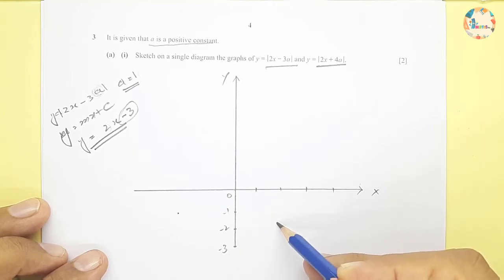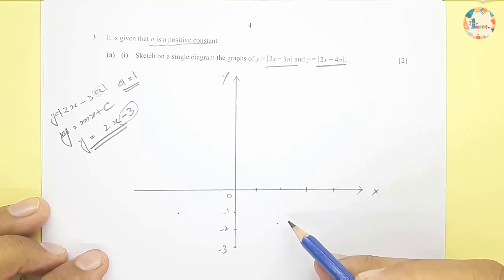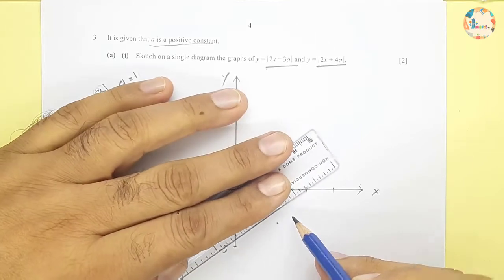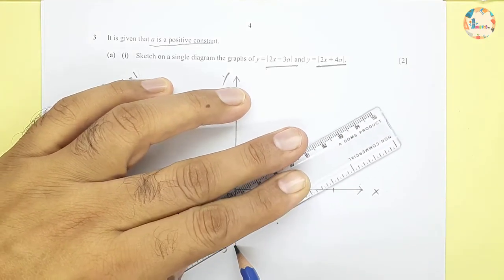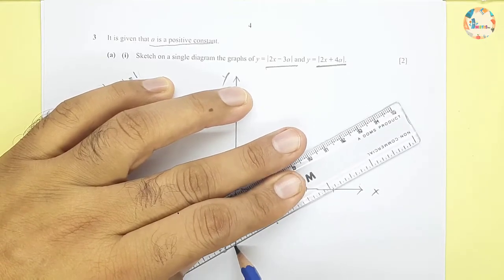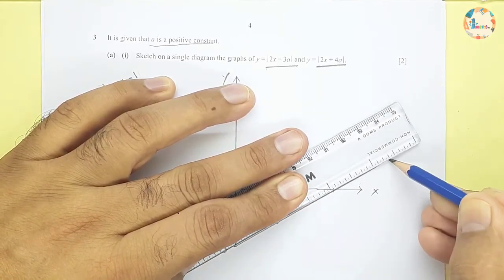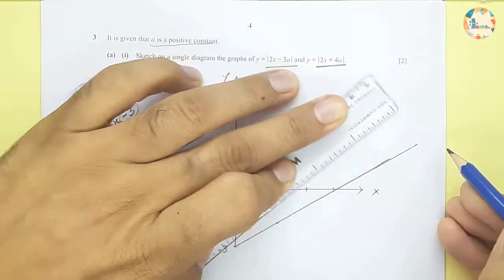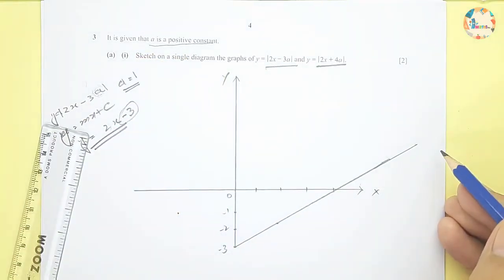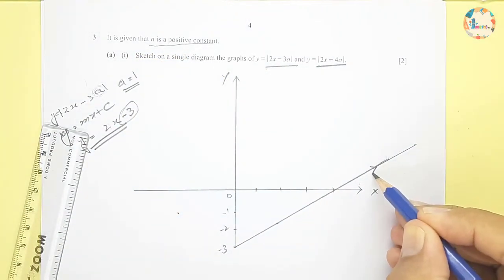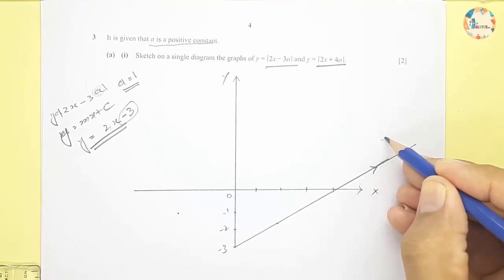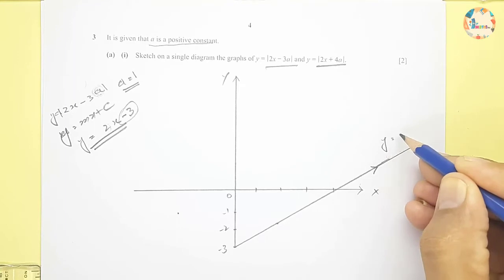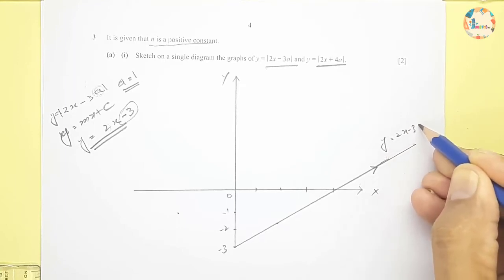This will be the second point. So we can draw this equation like this. This is the line representing y equals 2x minus 3a.